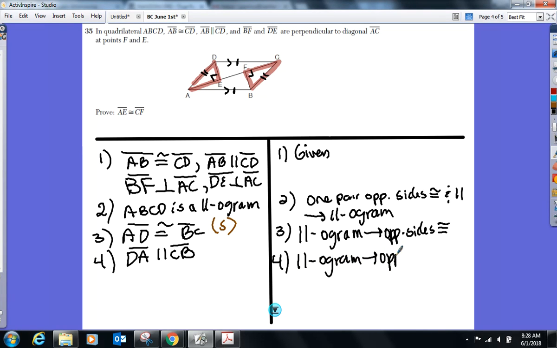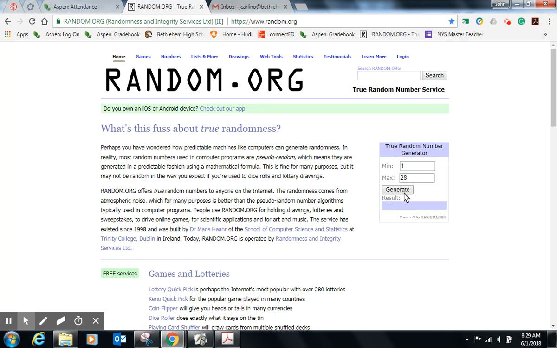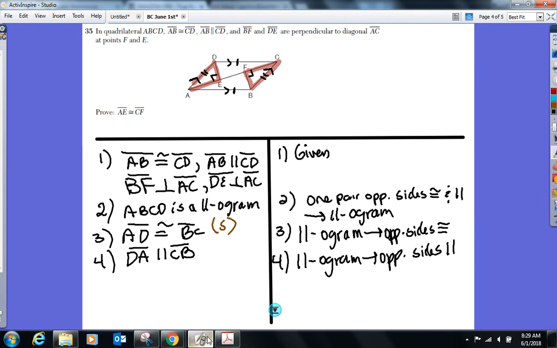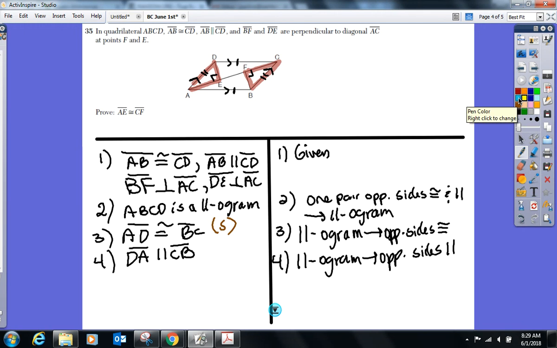Okay. Could help us. We'll find out. Does it give us a pair of congruent parts? No, but it may help us. I don't know. We'll see. 4, where do you want to go? Let me just mark them so everyone sees.